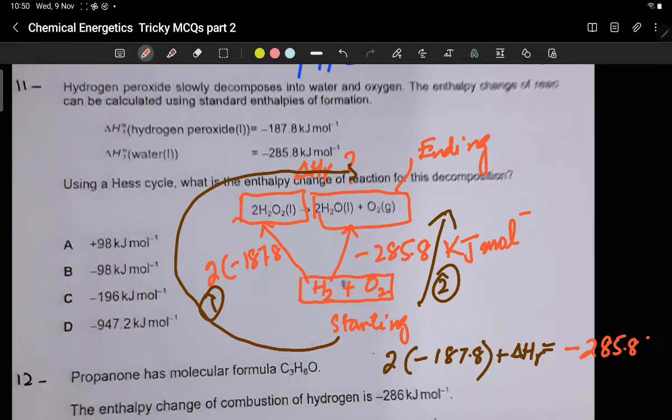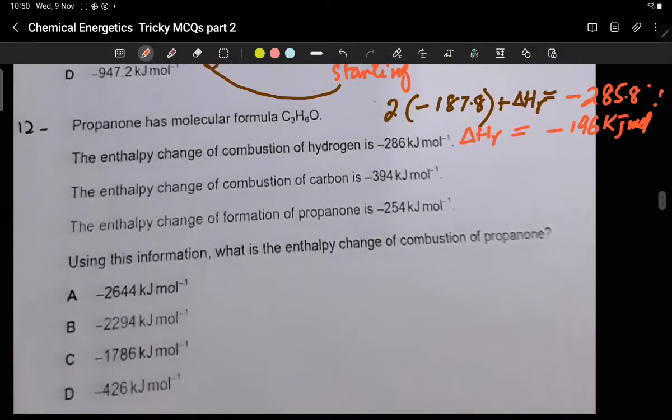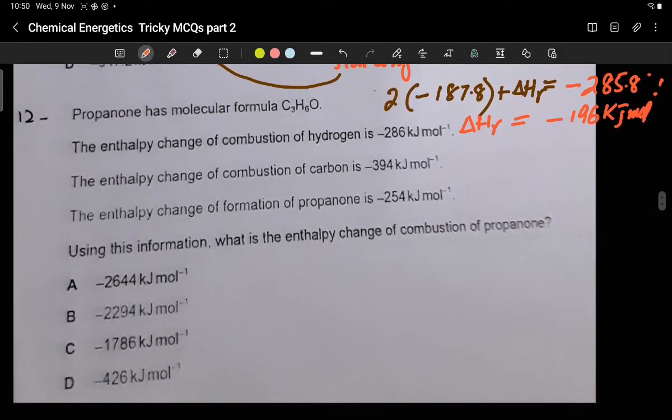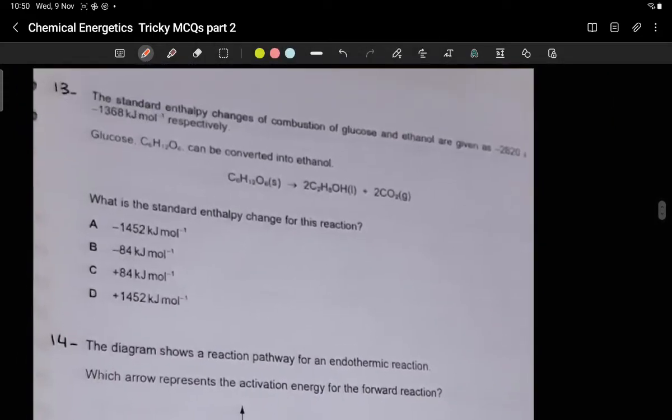The answer is delta HR of this reaction is minus 196 kilojoule. So we have discussed this question earlier. Please follow that question.